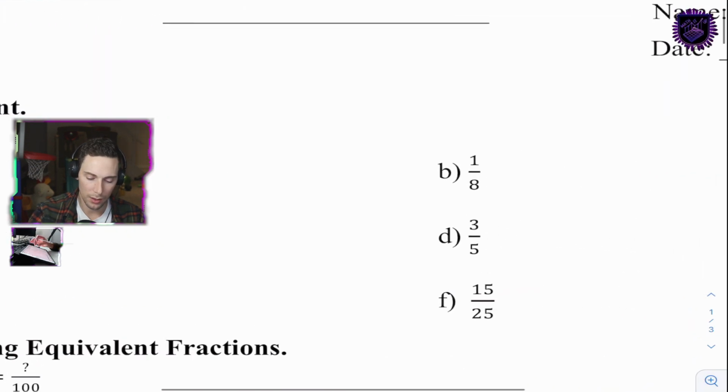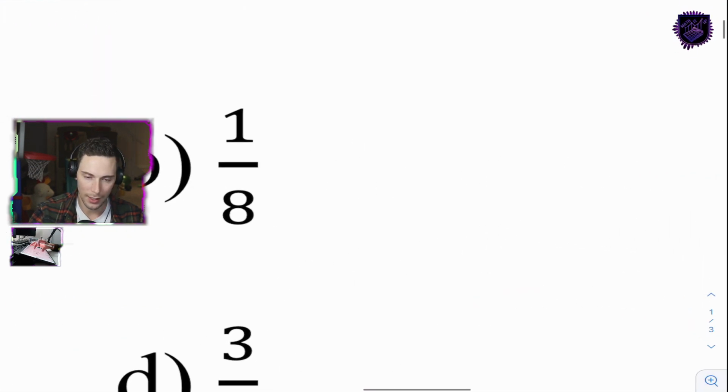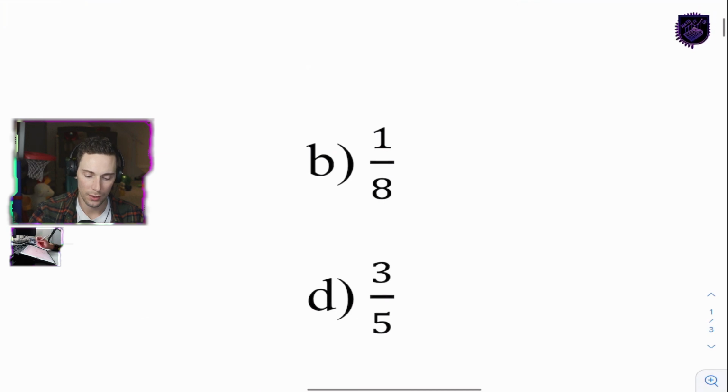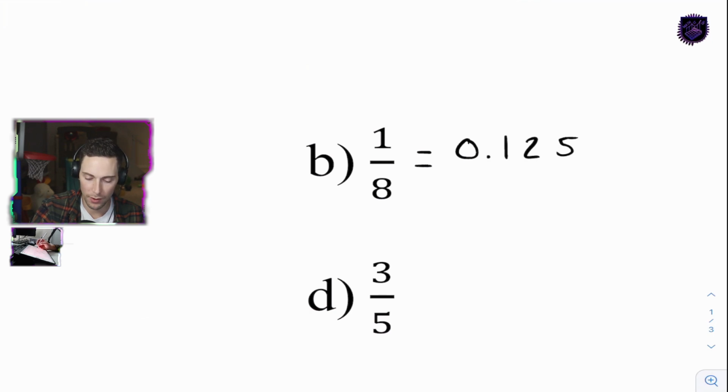Question 1b, 1/8. So 1/8, that will be a fraction once we do that division, if you're going to divide it, or you can just know that 1/8 is 0.125.